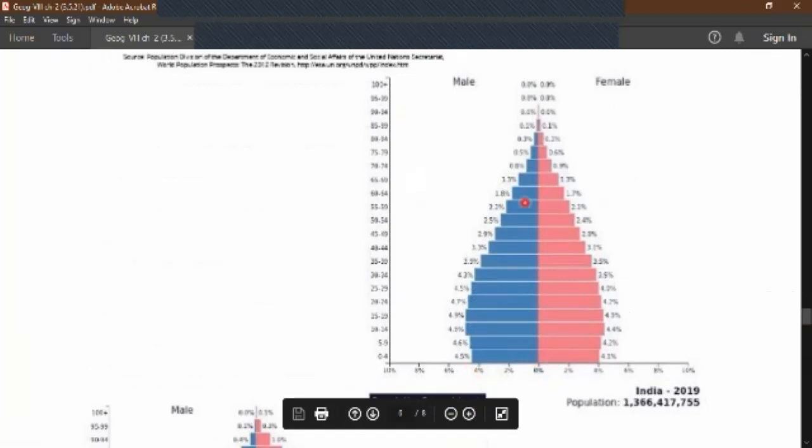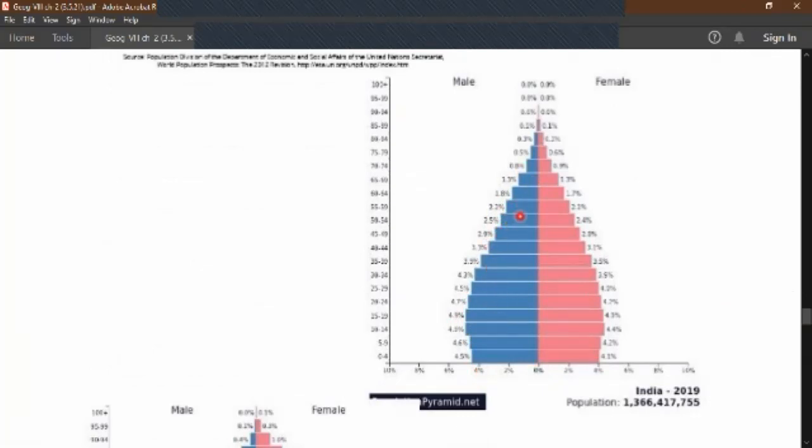The population contains a relatively large number of younger people and shows a strong expanding labor force. So the working population between 15 and 65 is high in the population pyramid of India, and the working population is economically beneficial.